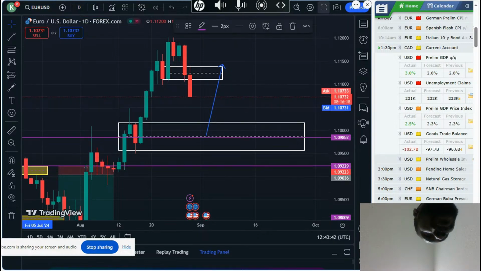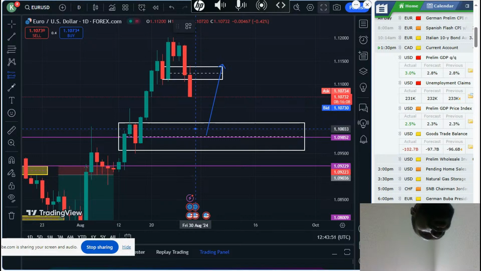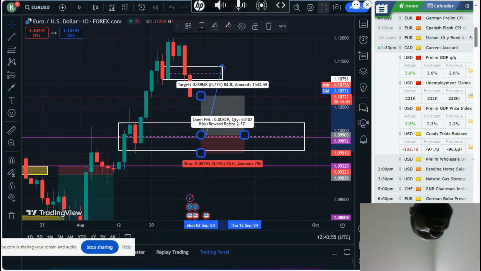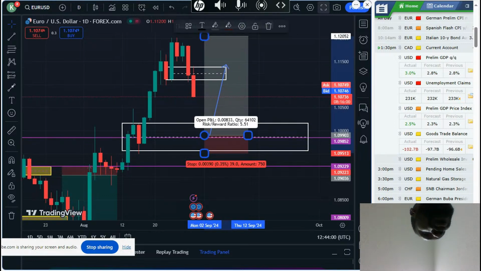From the beginning of that support to the middle is where I'm looking for my entries. This is my anticipation on the Euro USD.